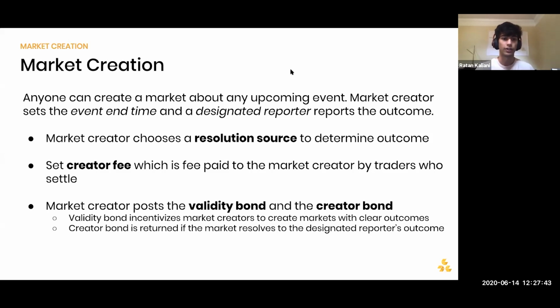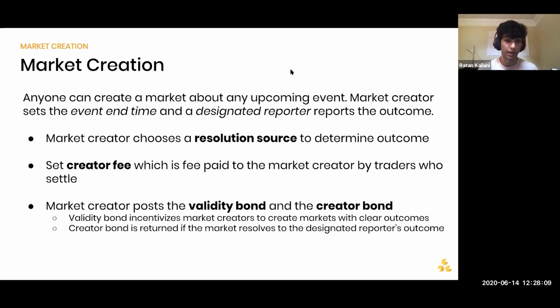Then I link weather.com or NOAA as the source for whether or not that information is actually true, like the weather is going to be over 75 degrees in Washington, D.C. And this is the source that would be effective for the reporters to use. Reporters have the ability to use other sources. This simply streamlines the process for reporters to report the outcomes.